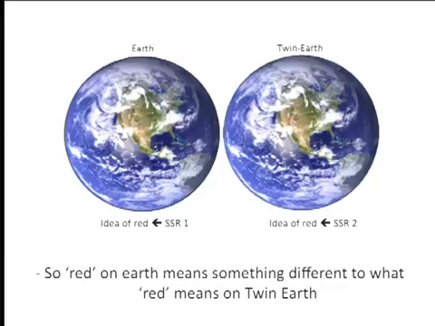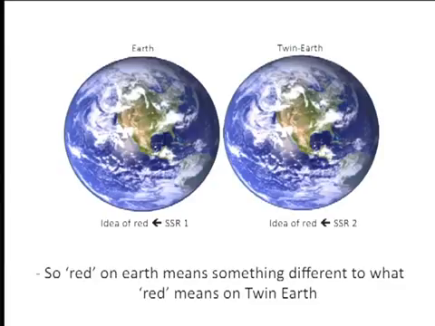So all that's going on in a twin earth case is that you say, well, let's have a world where I get just the same stuff inside my head, inside my mind, but what's on the other end of the causal chain is something different. That's in general what's going on with a twin earth case. So in our earth, one kind of surface spectral reflectance, one kind of physical characteristic, is what causes your idea of red.